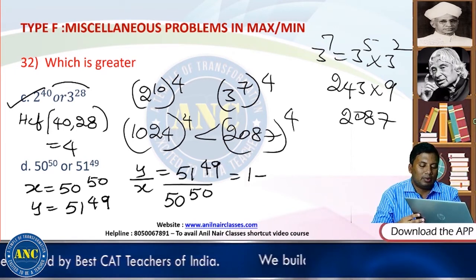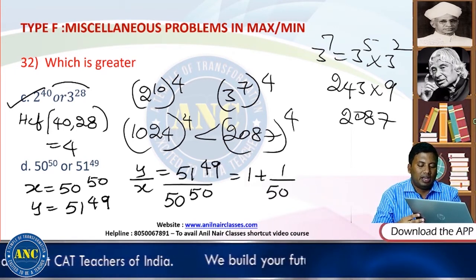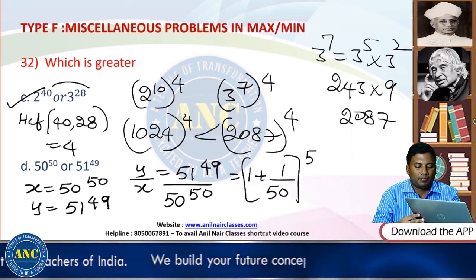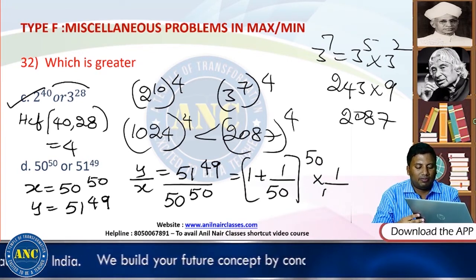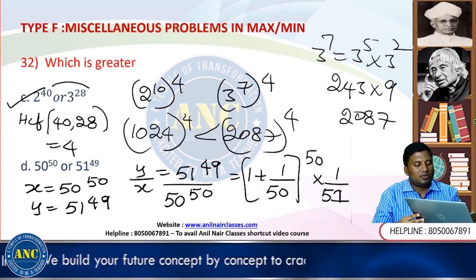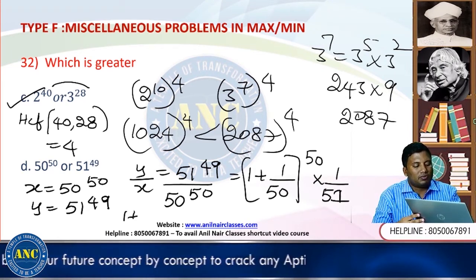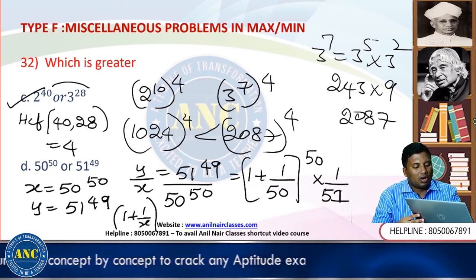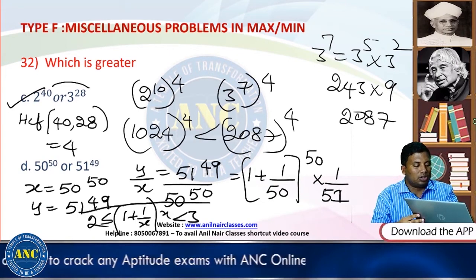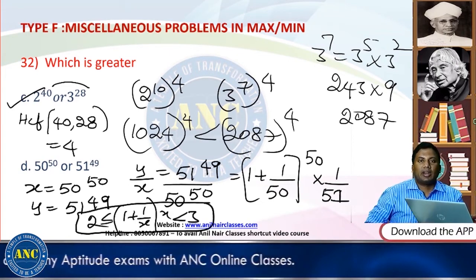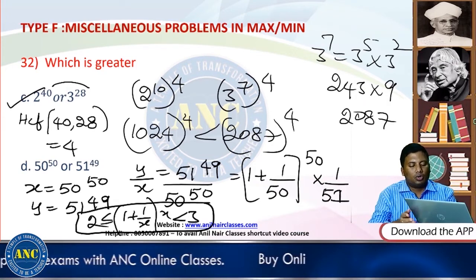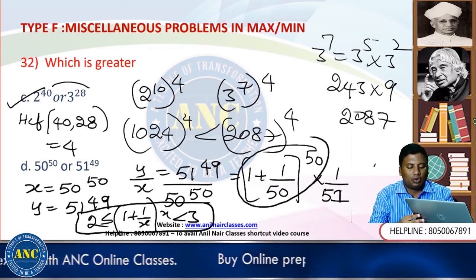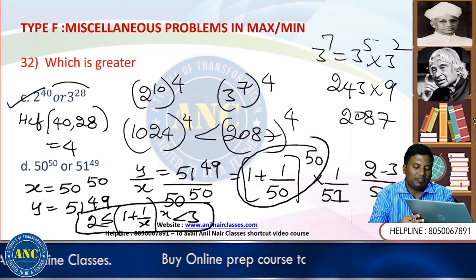This is nothing but (1 plus 1 by 50) power 50 into 1 by 51. There is one concept, 1 plus 1 by x power x always lies from 2 to 3. This lies from 2 to 3, divided by 51.